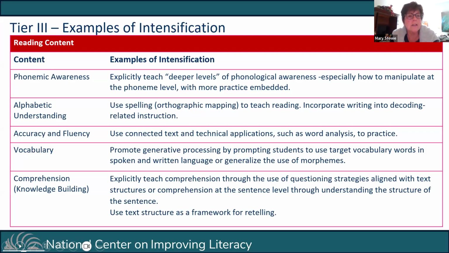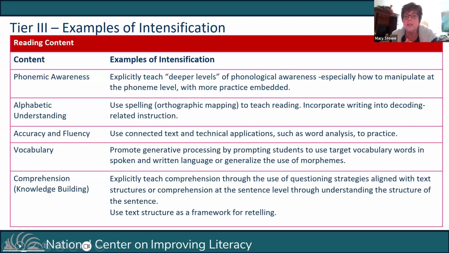When we think about phonics instruction or alphabetic understanding, we may want to intensify by linking the phonemic awareness work with the phonics work. We also know that some students may actually need letters or graphemes provided with their phonemic awareness work because they need that for engagement.